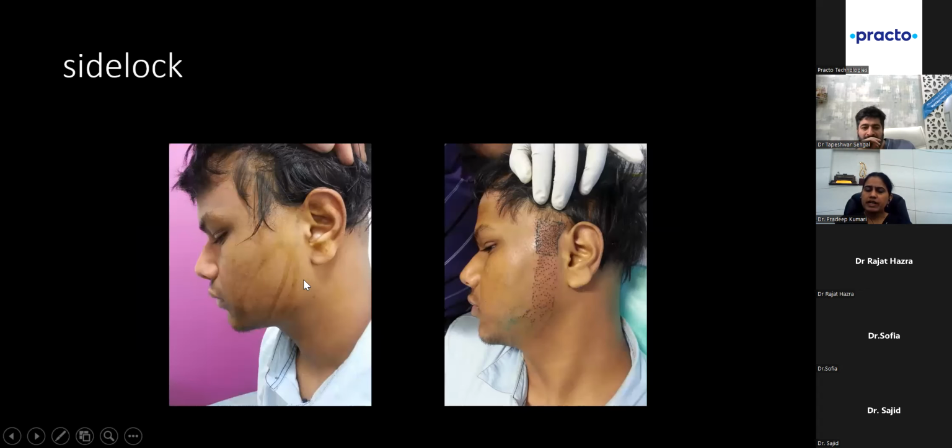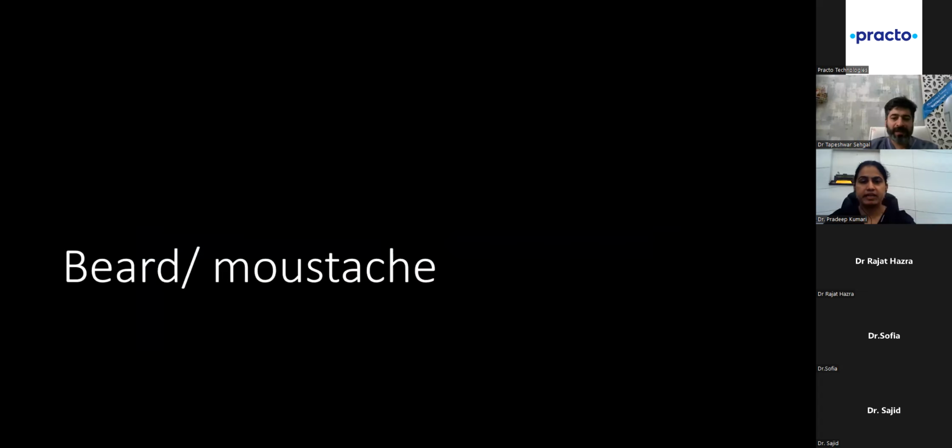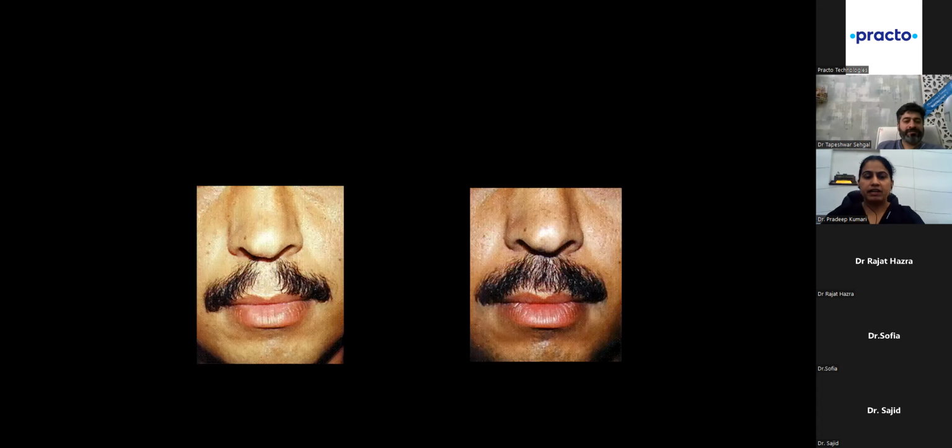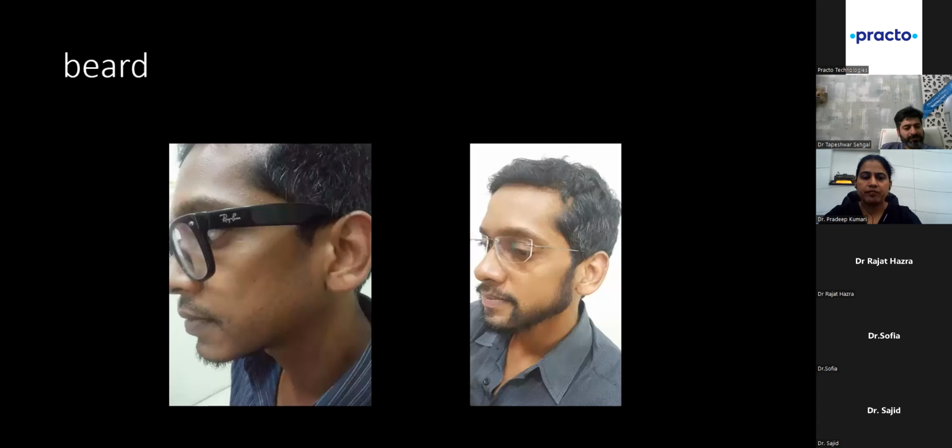Sideburn making or entire beard transplantation is being done for patients who show less growth and no hormonal abnormalities. Similarly, for beard or mustache areas also, small areas of loss which are there because of any particular burn or trauma, or sometimes some other reasons, can be done.